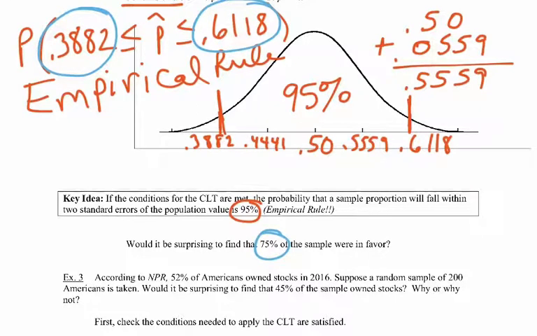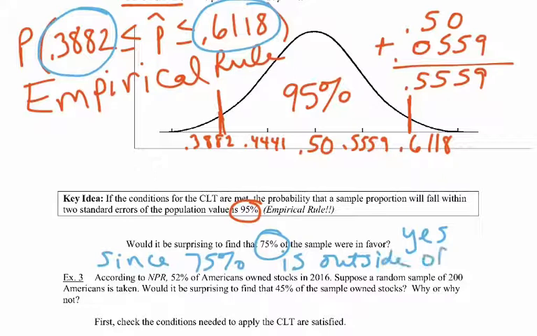That would be very surprising or very unusual, because that would be outside of 2 standard deviations. If you remember back to the first unit, anything outside of 2 standard deviations was considered unusual. It's the same idea. So yes, since 75% is outside of 2 standard deviations of the mean.